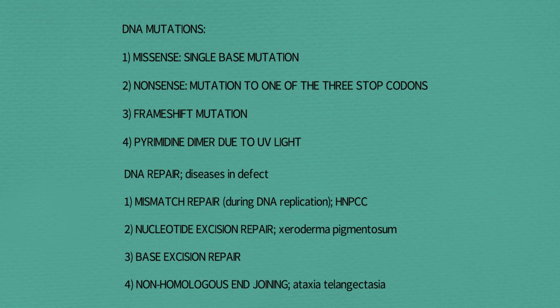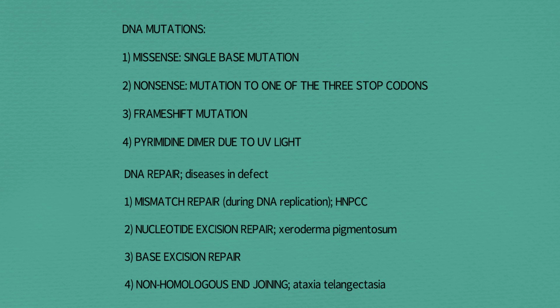And the second DNA repair mechanism is nucleotide excision repair, where you excise the whole nucleotide that is wrongly copied. And defects in this repair mechanism can lead to xeroderma pigmentosum, which predisposes you to getting skin cancers such as SCC and BCC, squamous cell carcinoma and basal cell carcinoma.